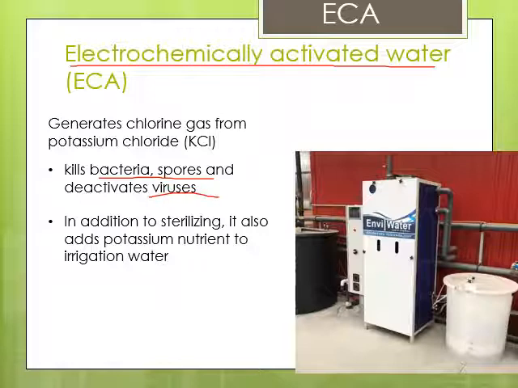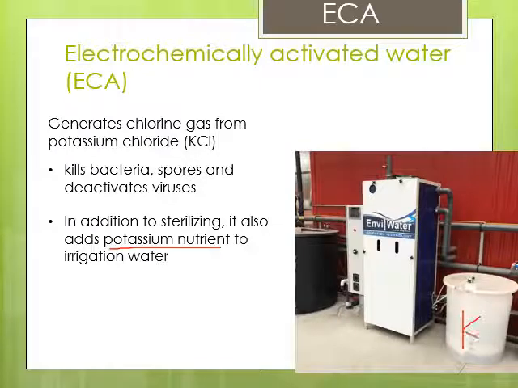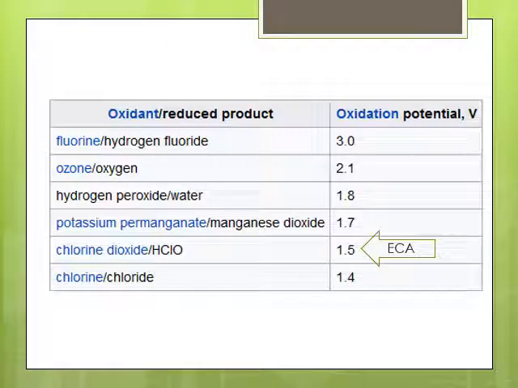And the real bonus here is that, of course, you're also adding potassium. So not only that, but you're also adding a nutrient, right? You're adding potassium to your crop. So that's a bonus. As far as ECA is concerned, it's not a very potent oxidizer. It's slightly better than chlorine, though. So not bad, really.